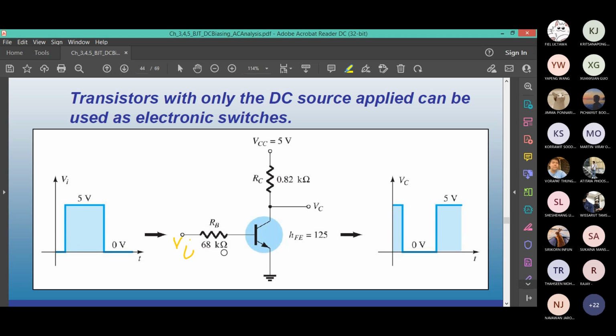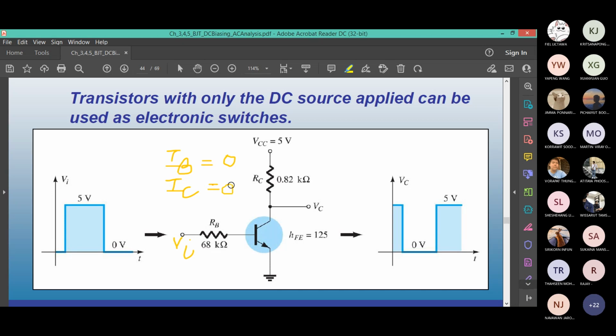So if there is no IB, is there any IC? When IB is 0, what is IC? IC is also 0. When there is no base current, there is no collector current.